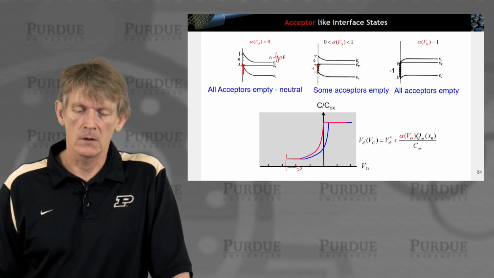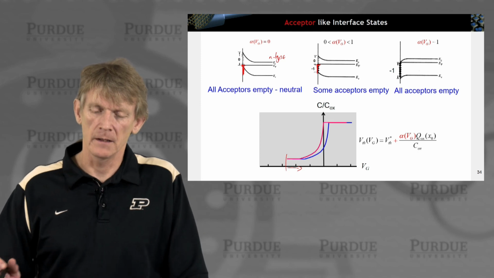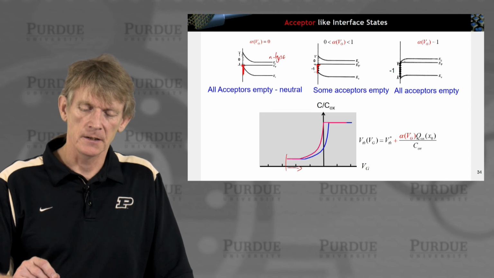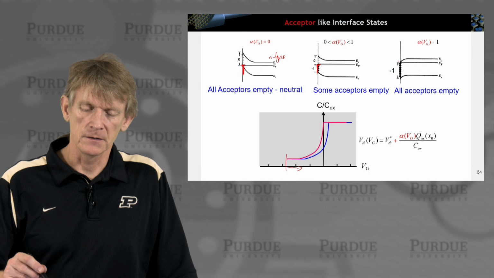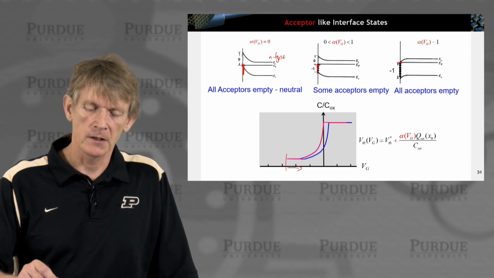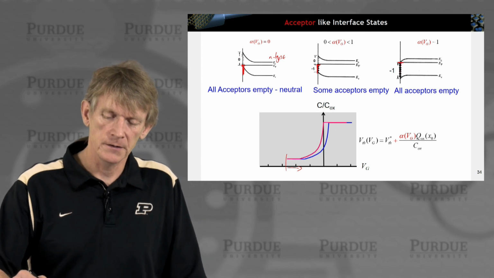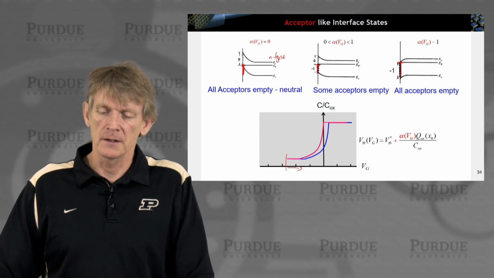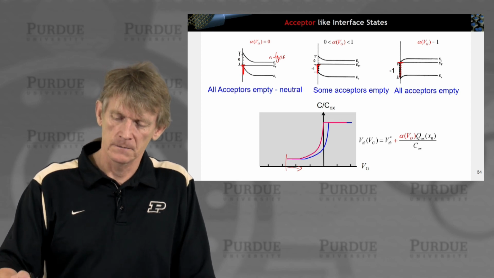Now, if we go all the way to the flat band condition, where we have no more inversion charge, and we have just the exposed donors in the depletion region. We have now the Fermi level close to the conduction band edge. The Fermi level is covering all these acceptor states down here. And so all the acceptors have accepted electrons.